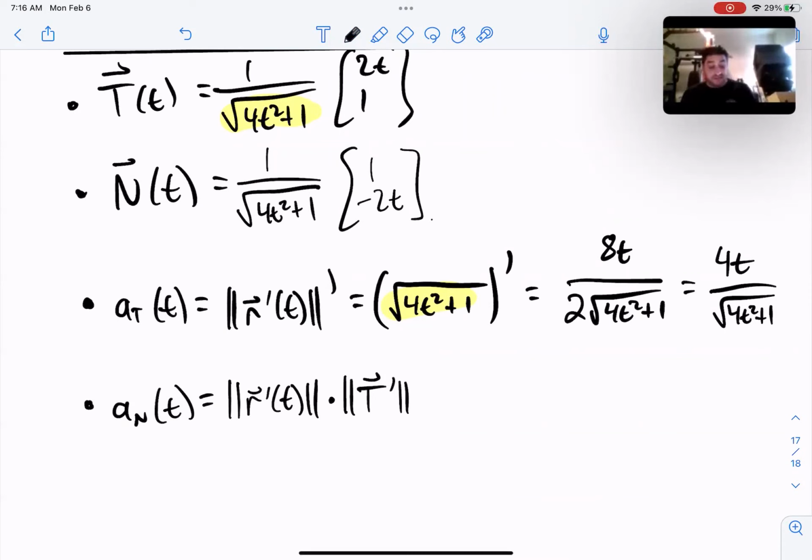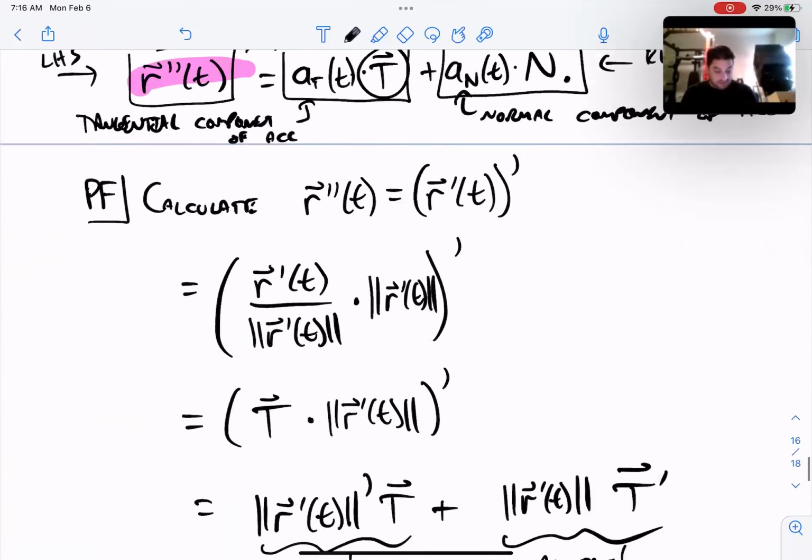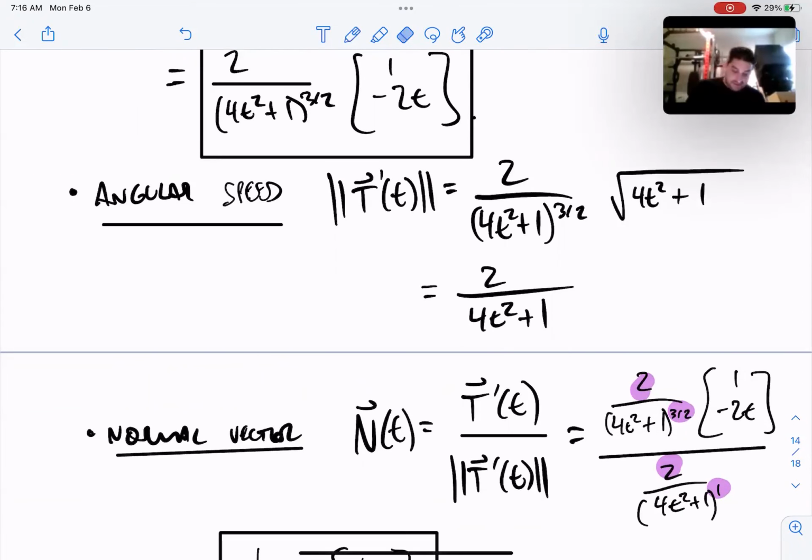Basically it's speed times angular speed. Speed was this quantity, and angular speed was also calculated in the previous video.